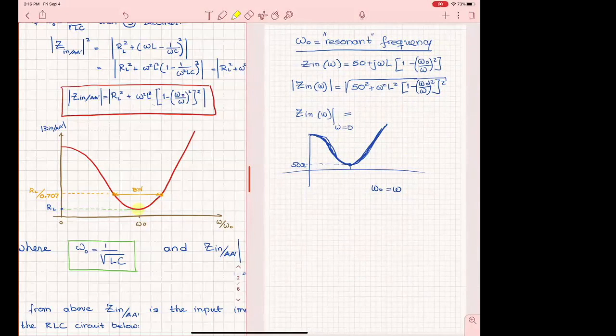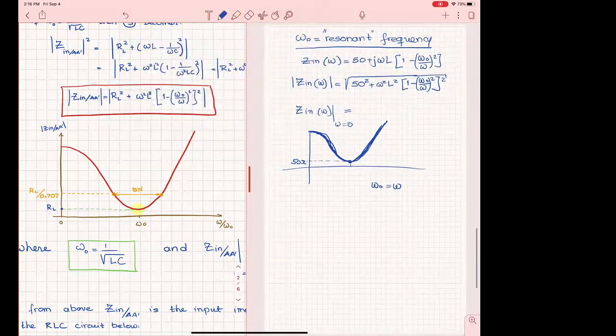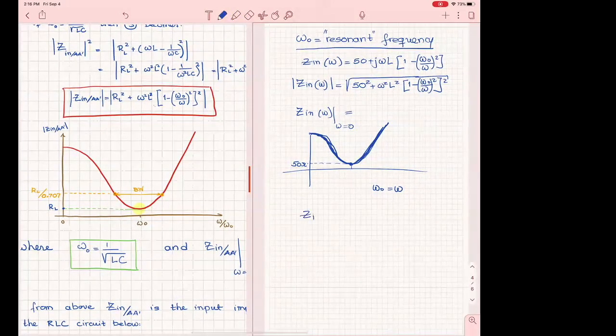In complex numbers, the magnitude squared of Z is Z in times Z in complex conjugate. Thank you, ma'am. Okay. And that's why it's a plus.